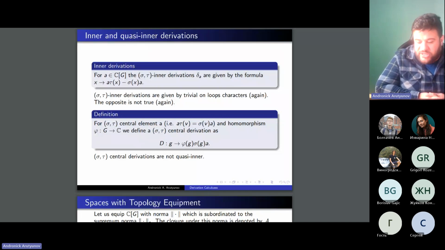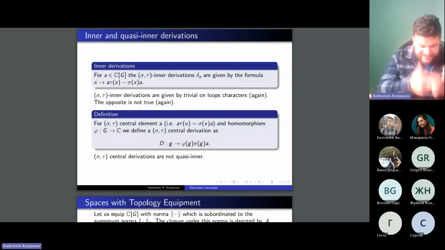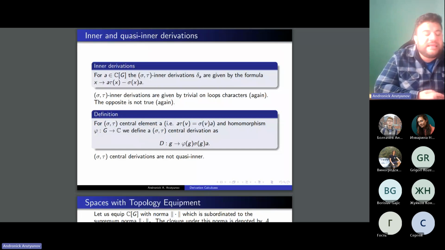Then you have just the sigma-tau identity. So for sigma, again, twisted central: for twisted derivations you need a twisted groupoid and you need its twisted center. We call an element a sigma-tau central if for each v it is twisted commutating, as is written.